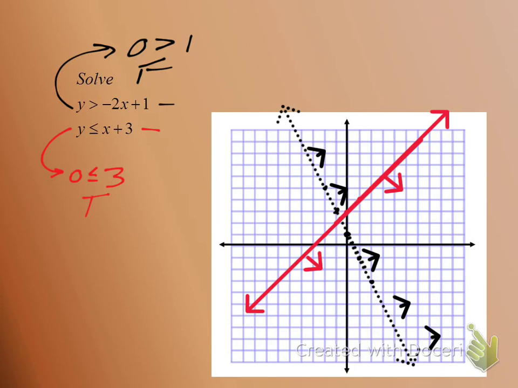Now, remember what these little arrows represent. They are the way you intended to shade. So from the black line, we intended to shade to the right, basically. We intended to shade over here. From the red line, we intended to shade over here.